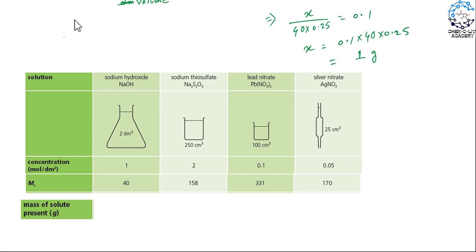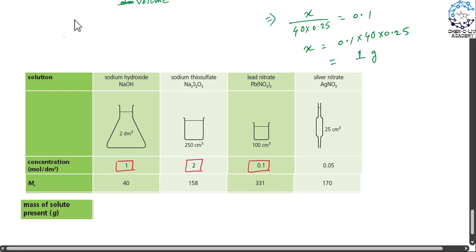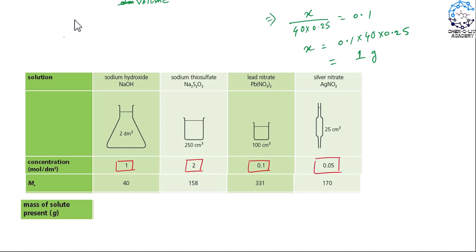The volumes of this apparatus are given. First one is the conical flask, second one is a beaker, third one is also a beaker, fourth one is a pipette. Now the concentrations are also given: 1 mole per decimeter cube, 2 mole per decimeter cube, 0.1 mole per decimeter cube, and here also 0.05 mole per decimeter cube. For easy calculation, the MR is also given for this.